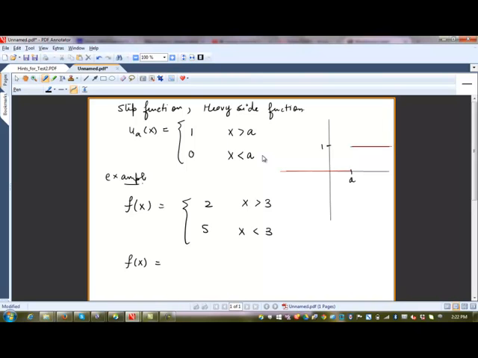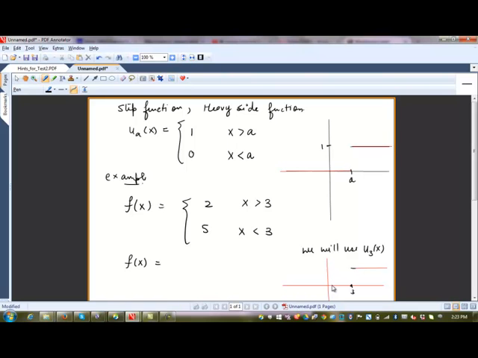u3 you know is 1 when x is bigger than 3 and 0 when x is less than 3. So we will use u3. u3 of x is 1 when x is bigger than 3 and otherwise it's 0. So now tell me, you want to cook this function out of this function.